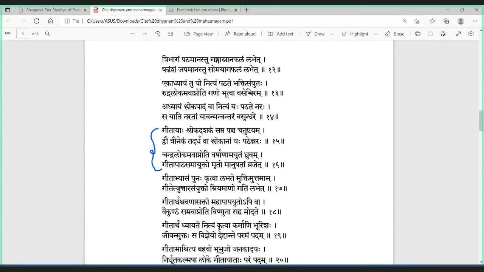Gita ityuchara samyuktaha mriyamano gatim labhet. He says, if he does Gita abhyasa punah, again and again. So some of us are studying it for the second time. Some people are studying it for the third time. So when you do it again and again, having done it once doesn't mean it's finished now. Doing it again and again, abhyasa, repeated study of it.